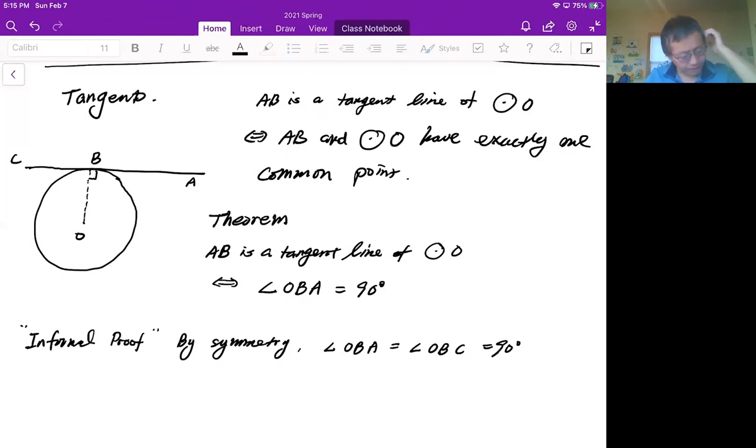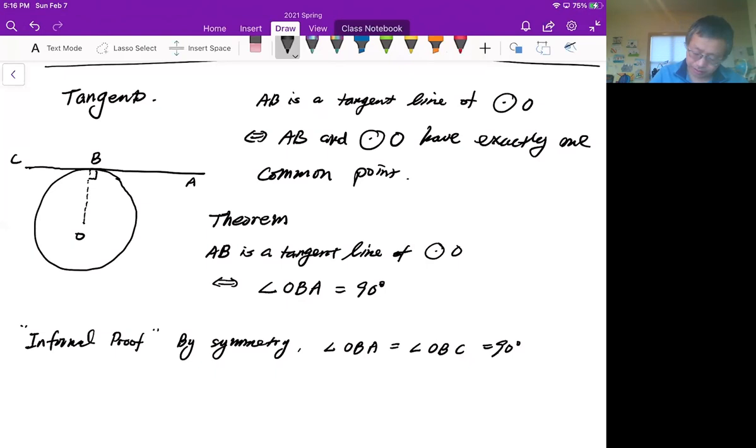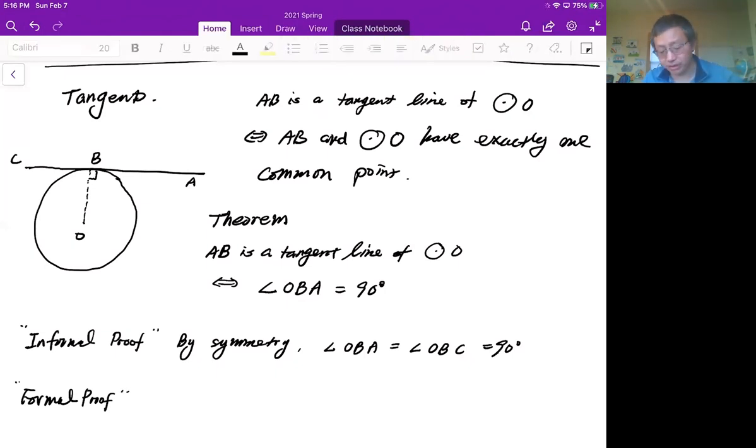Well, there are actually two directions. The one is that suppose the angle is 90 degrees, and I want to prove it's tangent. Okay, so let's prove that. I'm going to give you the formal proof without using the symmetry, right? You can't use the symmetry.